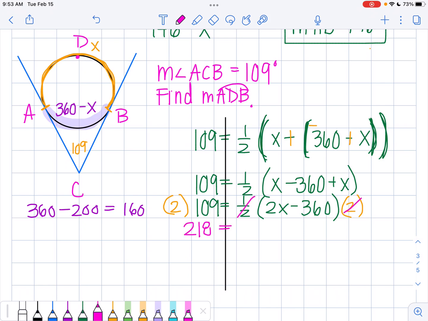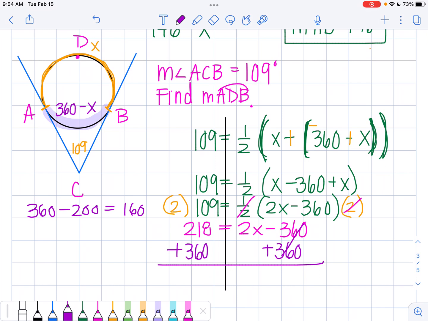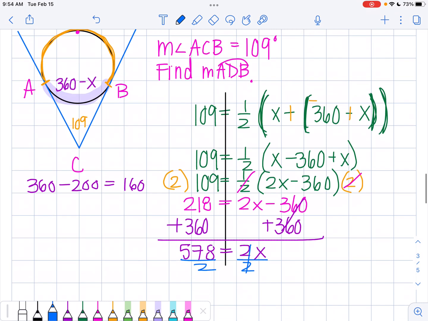These go away. 2x minus 360. I'm going to add 360 to both sides. That gives me 578 equals 2x. And to get x by itself, I'm going to divide both sides by 2. So this cancels out, and I end up with 289 is equal to x.